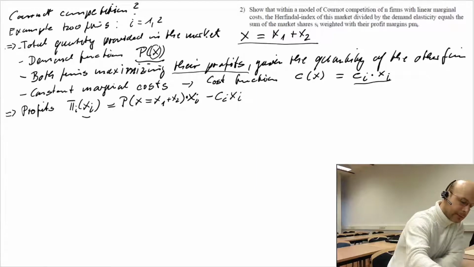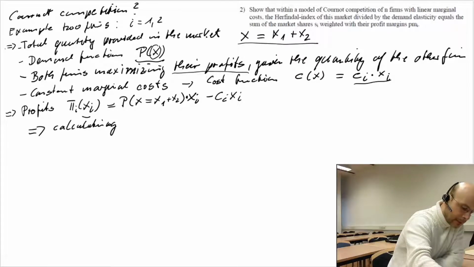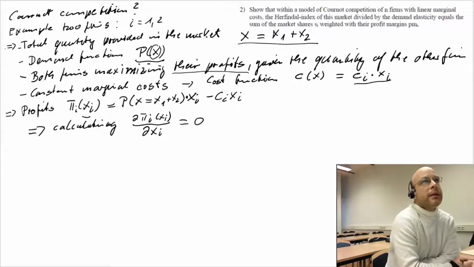So then calculating the derivative of pi of xi with respect to xi equals 0.